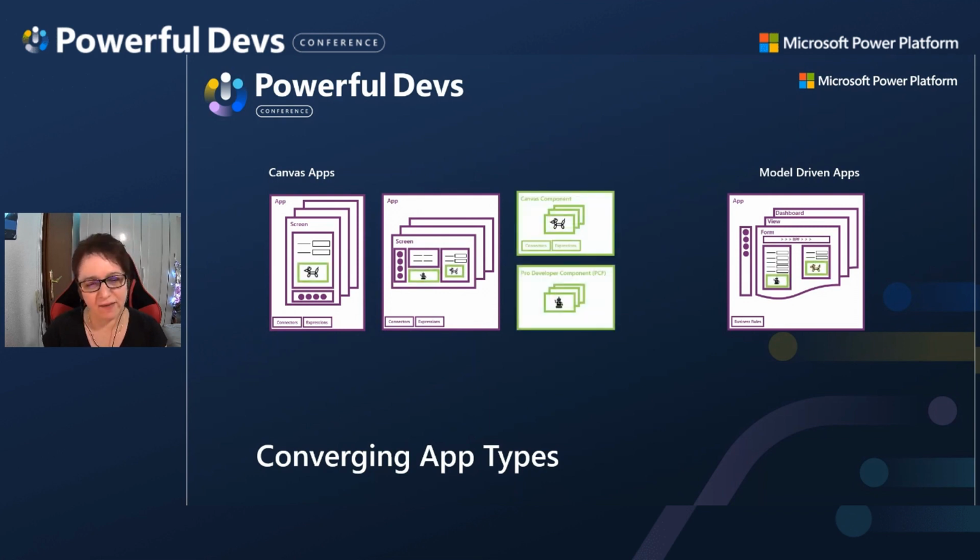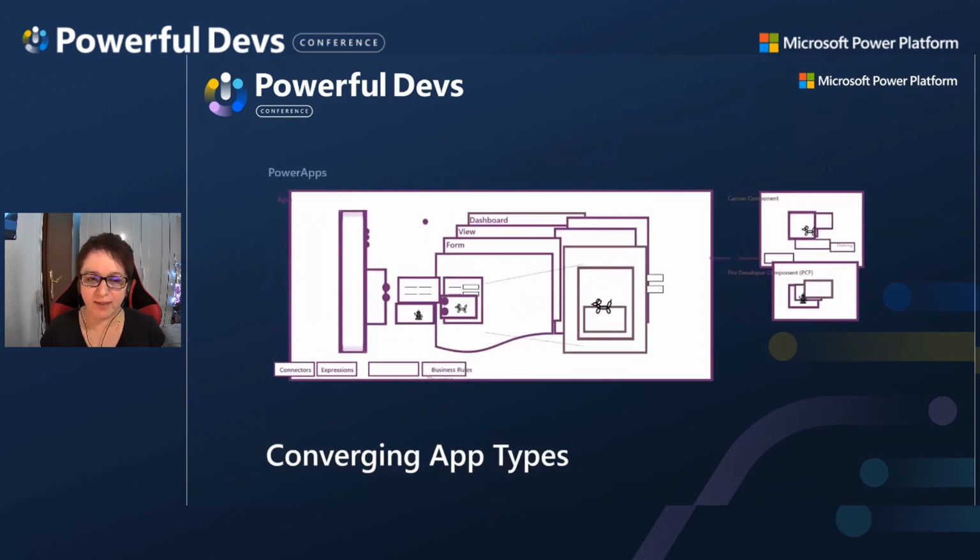And we got the Canvas component for the low-code possibility and the pro dev possibility, that are the PCFs. You can use both in the Canvas app and model-driven apps. Just in the model-driven apps, it was the embedded Canvas apps that you can use. And we were told they will become something called Canvas pages or custom pages, and that's where we are now.